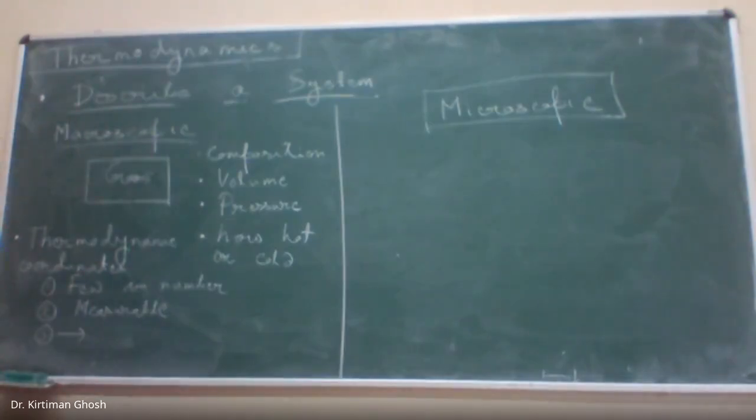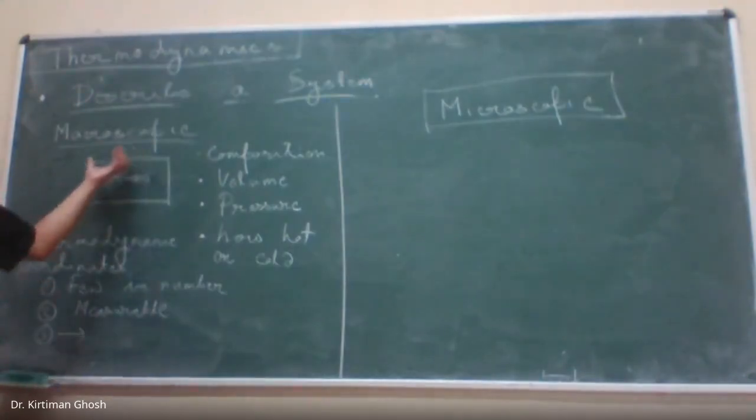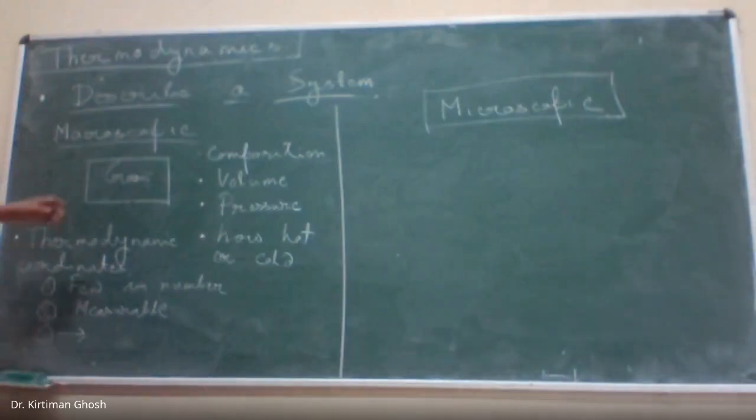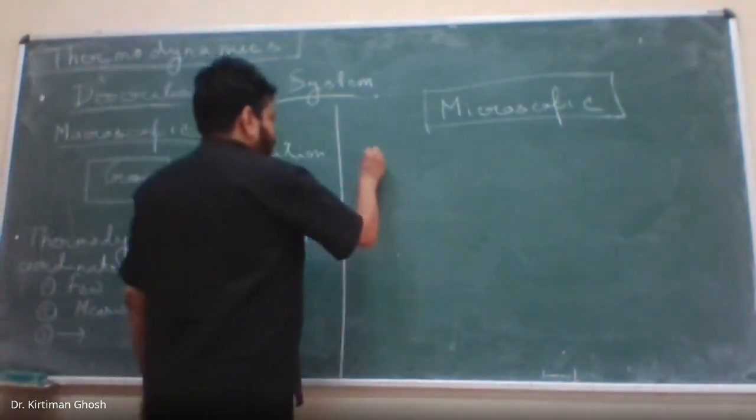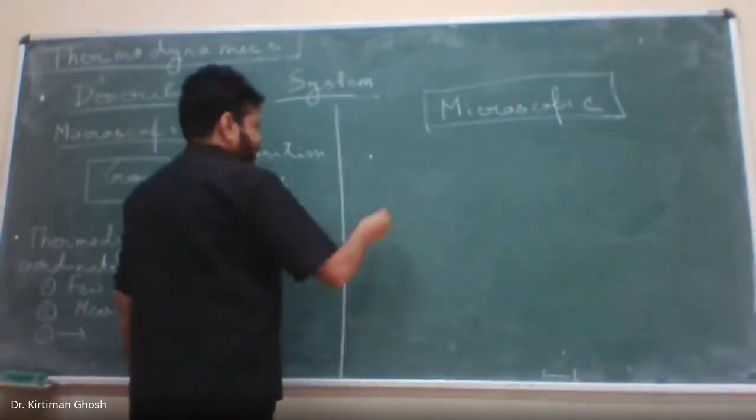Microscopic description will ask how many gas molecules are there in this container, and what are the generalized coordinates of these gas molecules? At a given instant of time, what are the coordinates and momenta of each gas molecule? These are the microscopic description of the system.